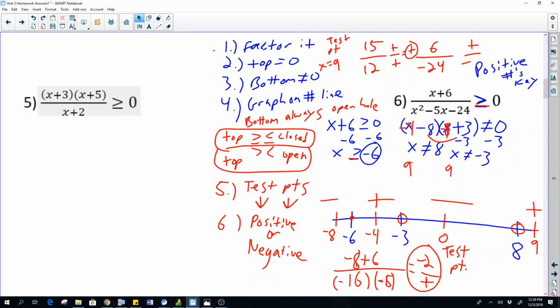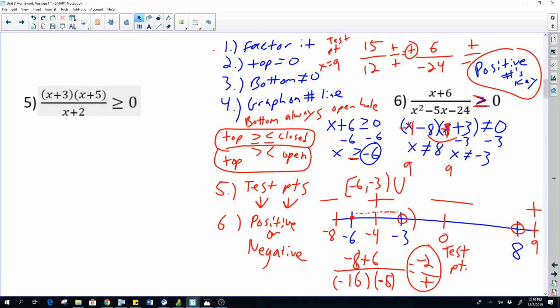Cool. So let me go back to the original, and we're looking for all numbers greater than or equal to 0. And so positive numbers is the key. And so our positive intervals will be this answer. A -6 starting, and then positive, positive, positive, till we get to -3. And then because it's an open hole, that means it's a parenthesis.